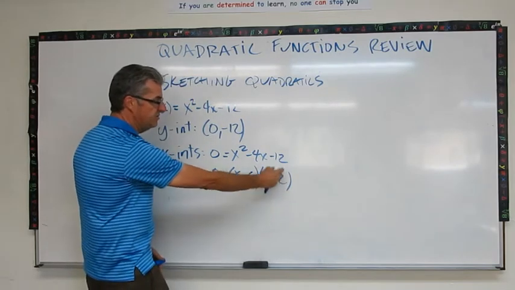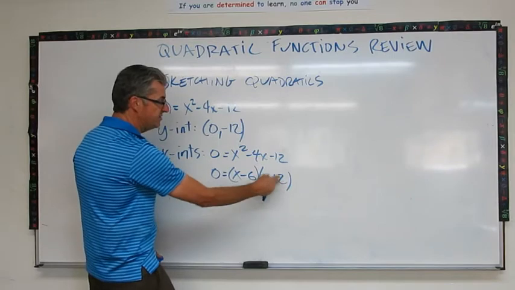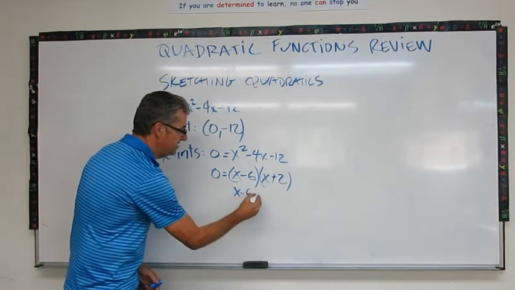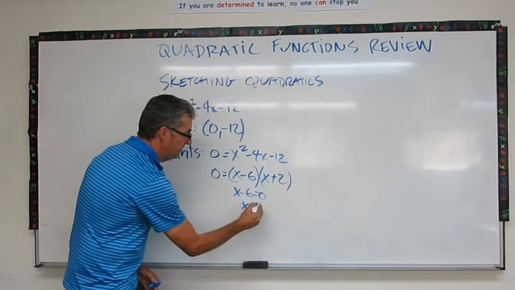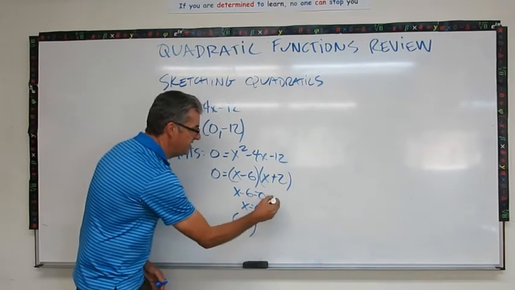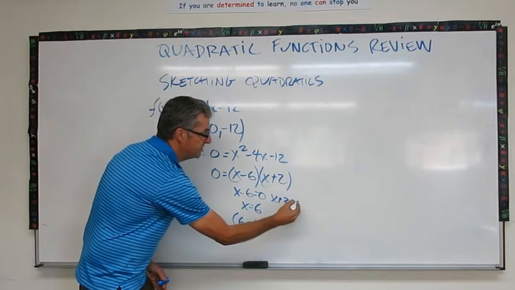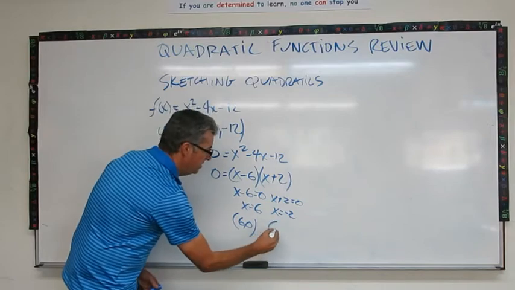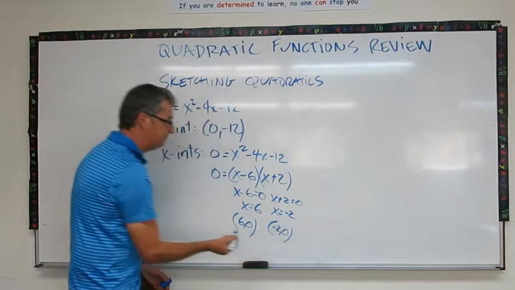Negative 6 times 2 is negative 12, and negative 6 plus 2 is negative 4. Solve this out. X minus 6 equals 0, x equals 6. This is the intercept 6, 0. And this one is x plus 2 equals 0. This is the intercept x equals negative 2, which is negative 2, 0.